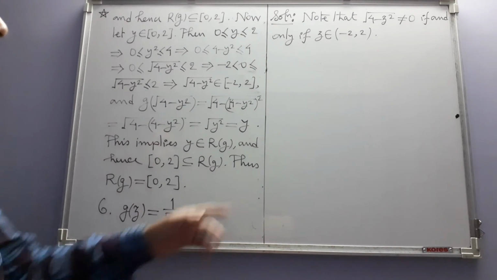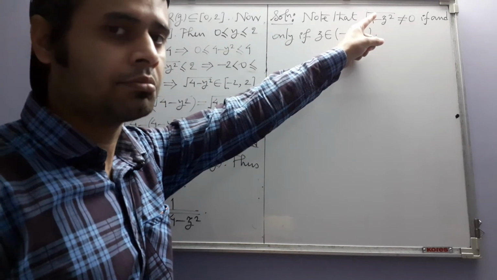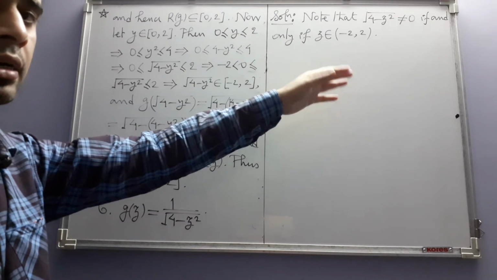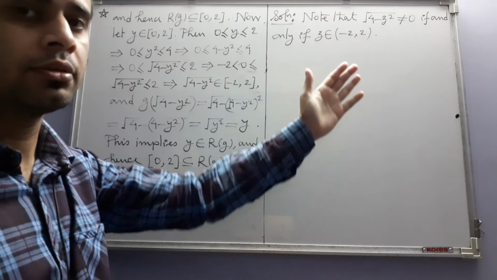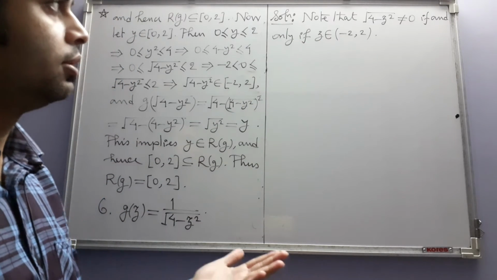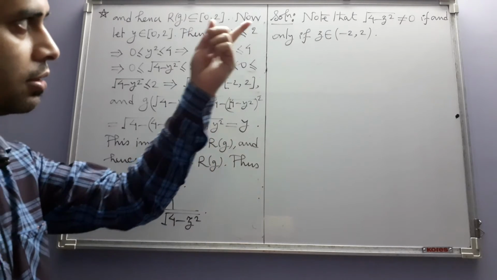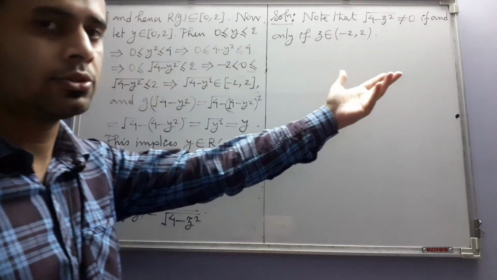That is because to make this radical a real number, 4 minus z square should be non-negative, and for that we have already seen that the equivalent condition is that z belongs to the closed interval minus 2 comma 2. But minus 2 and 2 are the values for which the expression inside the radical becomes 0, and so the radical also becomes 0.